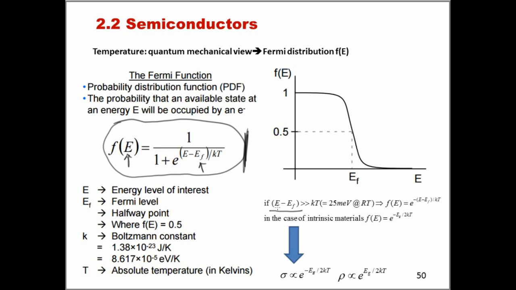So if the energy of the state we are considering is far enough from the Fermi level, and far enough means quite a bit bigger, a few times bigger than kT, the thermal energy, then the Fermi function can be simplified to just the Boltzmann distribution effectively.